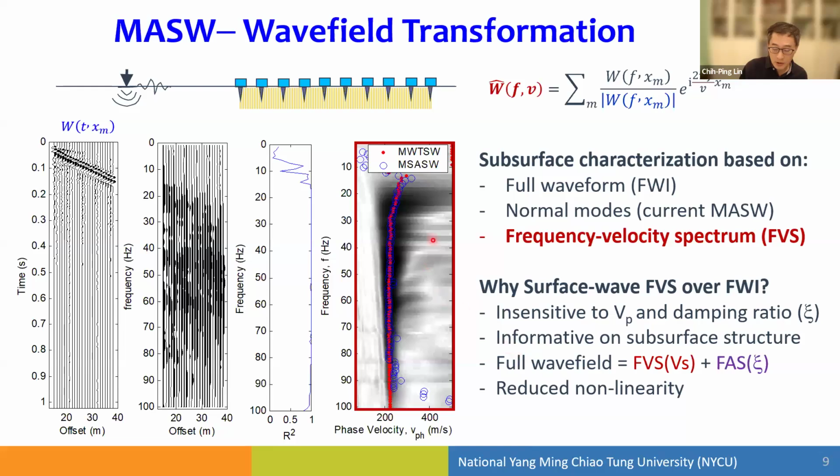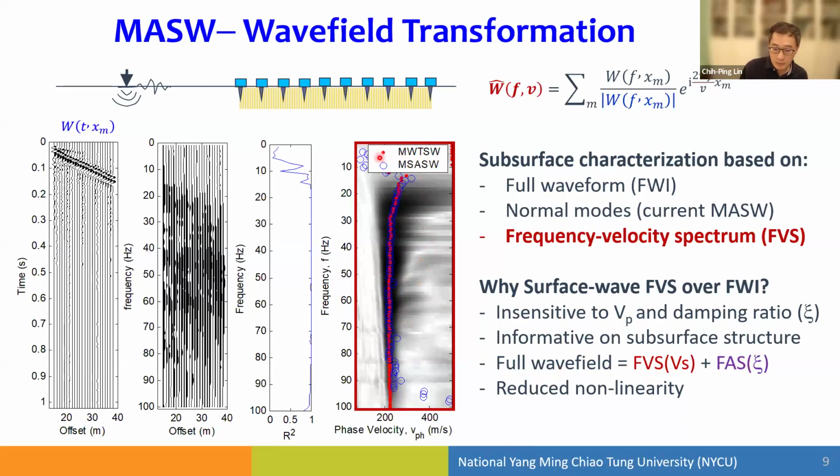And the dispersion curve is quite informative, as I already showed, since wavelength is related to depth, and phase velocity is very close to shear wave velocity. So the dispersion curve can give you a very good initial idea of what the Earth's profile looks like. And also FVS, although it's part of the full wave field, if we also consider the amplitude attenuation part, we preserve the whole wave field.